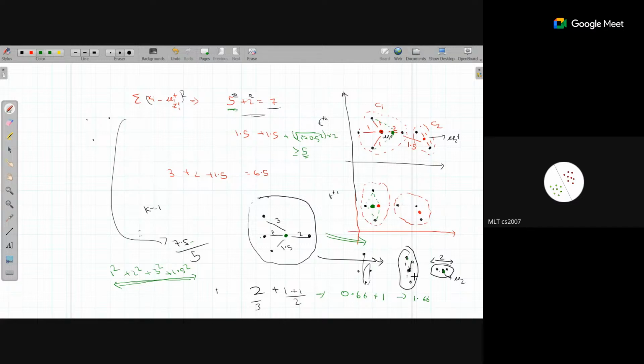For example, in this case, there is a possibility like this also, and there is also a possibility like this, where 2 points are here and another point like this, right? So whether this shape is optimal or this shape is optimal, that is also possible, no? In this case, your objective function will tell you whether this one is better or this one is better, right? So we are calculating the value of the objective function.